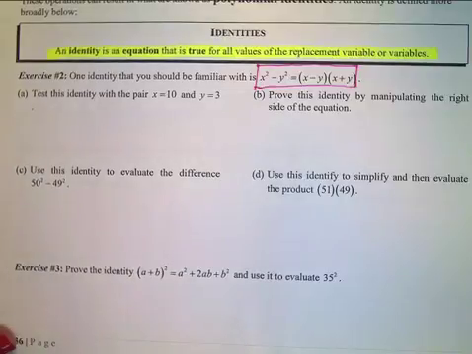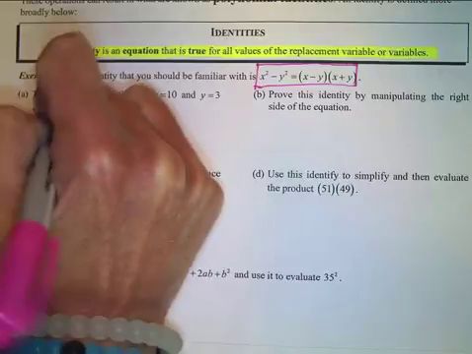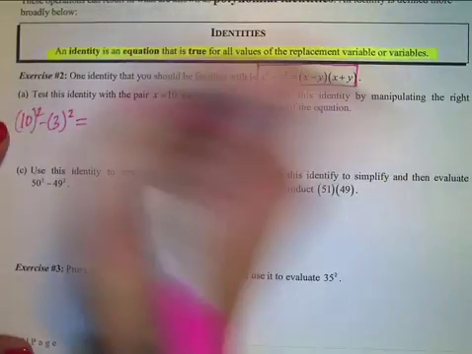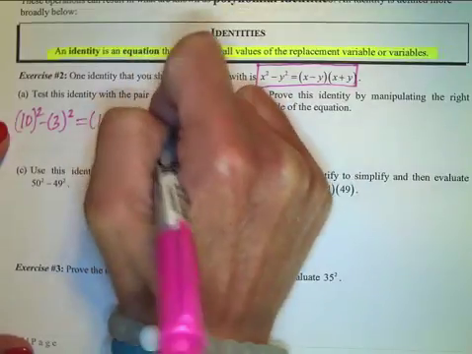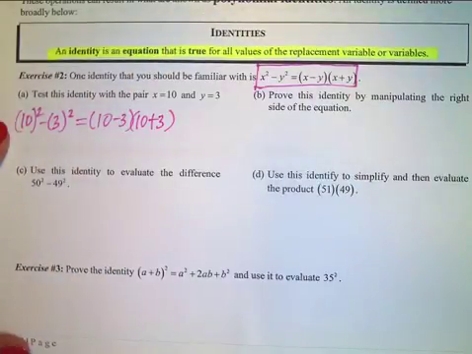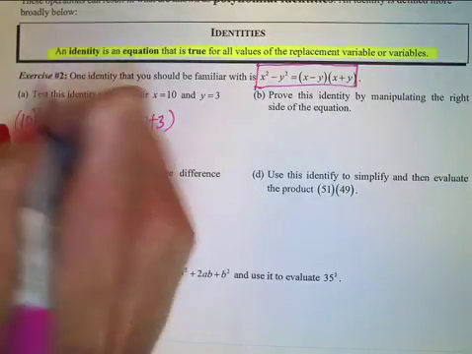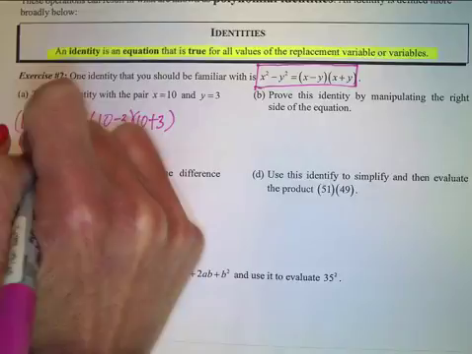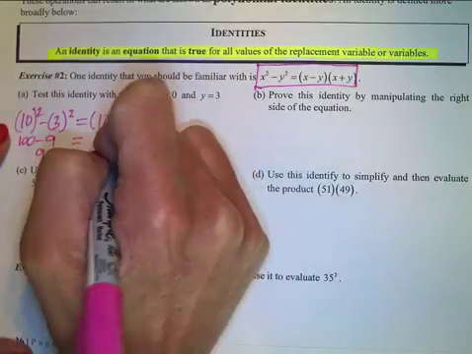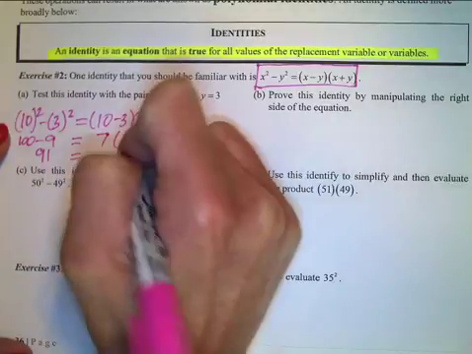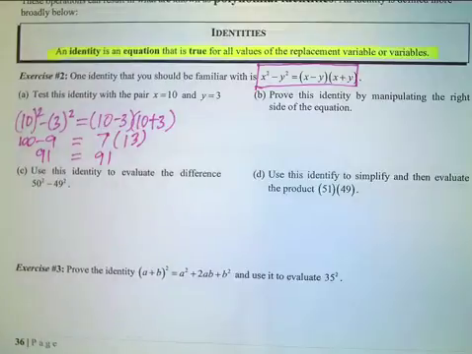So if x is 10 and y is 3, that means I have 10 squared minus 3 squared equals 10 minus 3 times 10 plus 3. So 10 squared minus 3 squared is 100 minus 9, which is 91. Does that equal 10 minus 3, which is 7, times 13? Plug it in your calculator, or if you just know it, yeah.